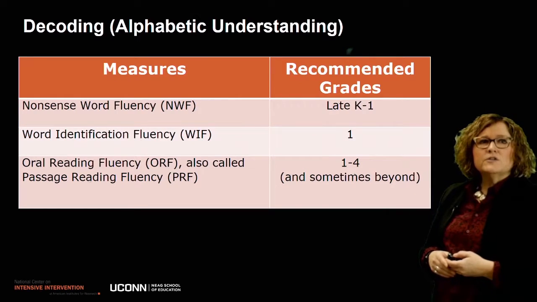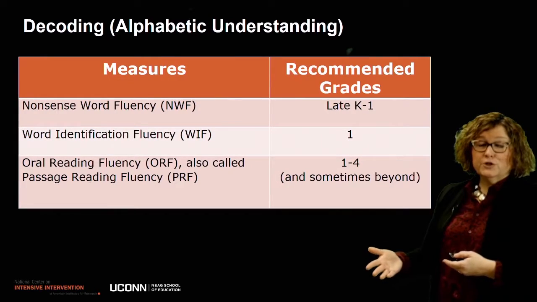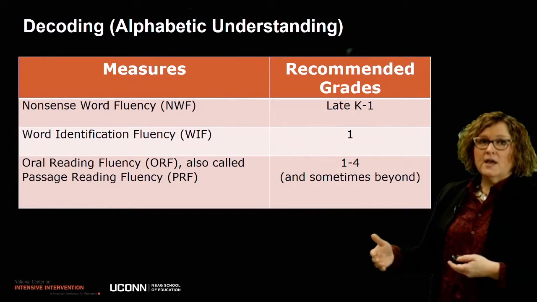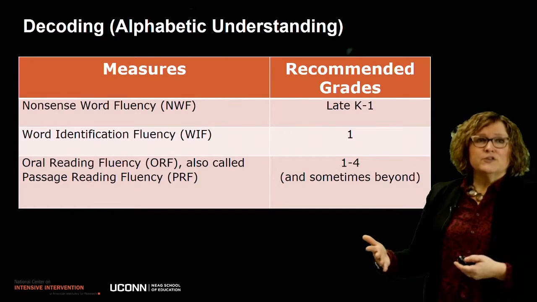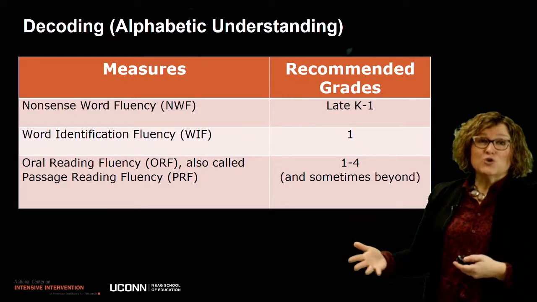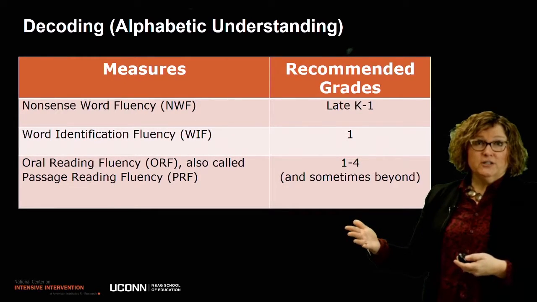Again, these grade levels are recommended. This would be the grade level at which we would typically use these measures for sure for screening these students, but also we're thinking about the grade level that the students instructionally is at, and thinking about giving the student the grade level measure that matches where they are instructionally.